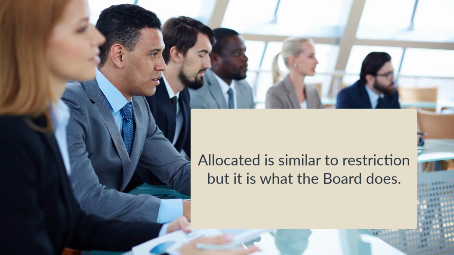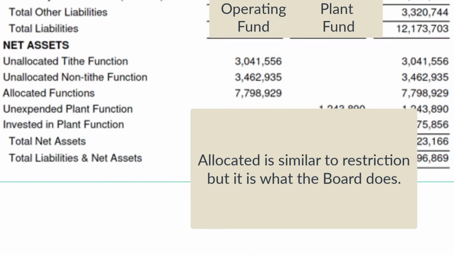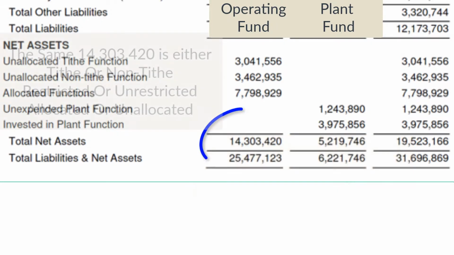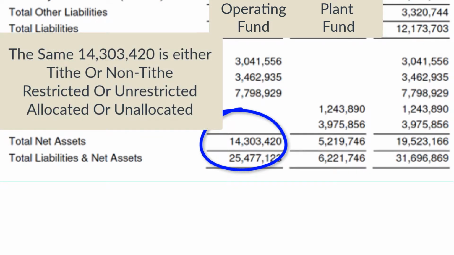No one can change tithe into non-tithe, what God has declared holy, you know what I mean. Only the donor can restrict and unrestrict and change restriction. But allocated net assets are set up and removed by the board. So the same net assets can be either tithe or non-tithe, restricted or unrestricted, and allocated or unallocated.